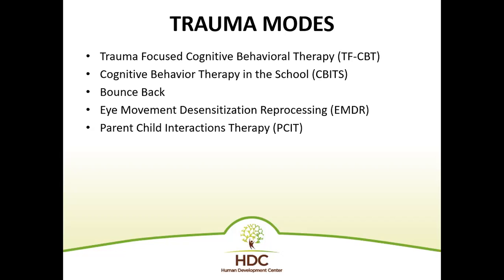This is again a trauma model, for children who experienced at least one traumatic event. This model helps support caregivers in understanding how trauma impacts their child developmentally and behaviorally. It's more of an attachment focus, and the main goal is to support the caregiver and child relationship to help restore the child's sense of safety.